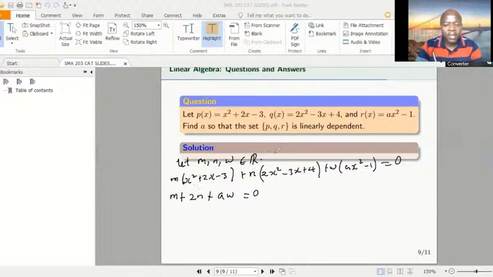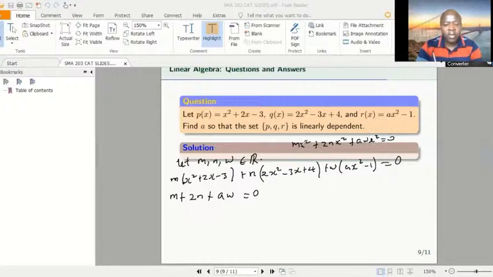I've said I factored it out. So I just divided through by x squared.